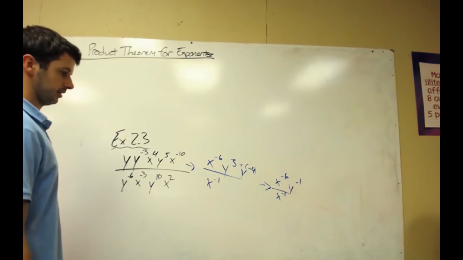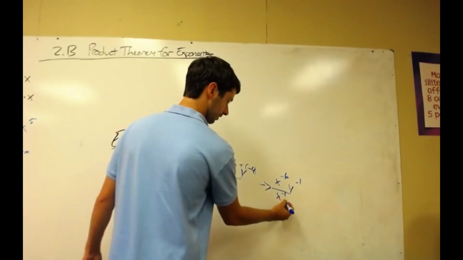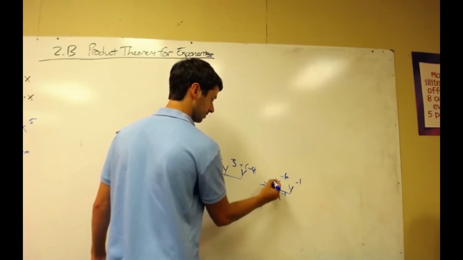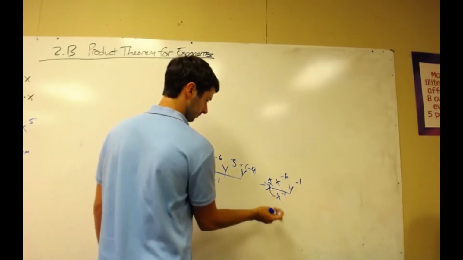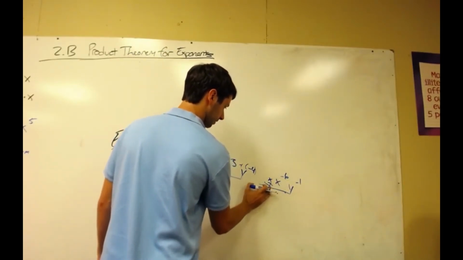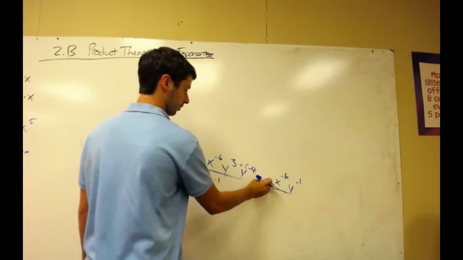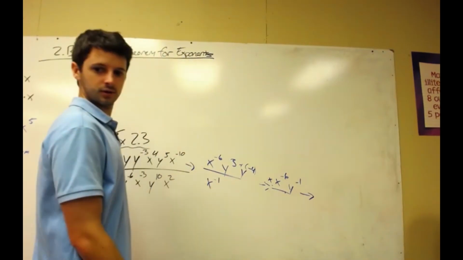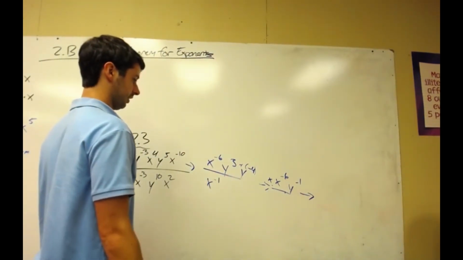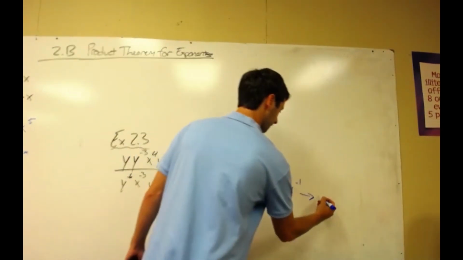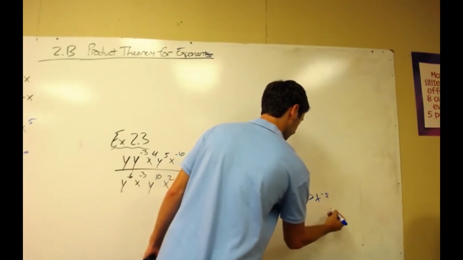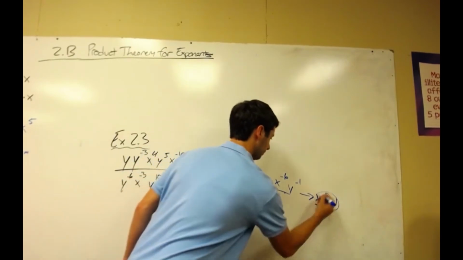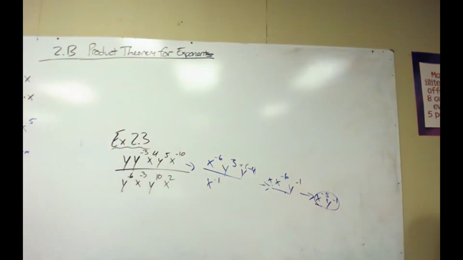And then bring the x value to the top. So if I bring this to the top here, it becomes x. You can write the 1 if you want to, but it's implied. So 1 plus negative 6 would be negative 5. So x to the negative 5, y to the negative 1 would be the answer simplified.